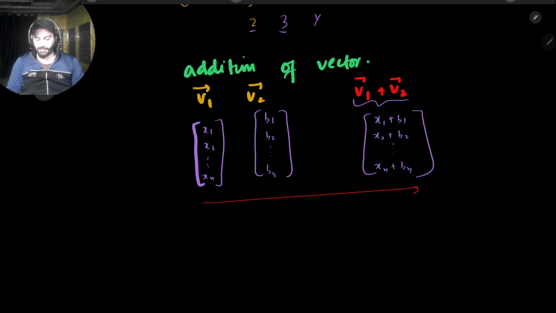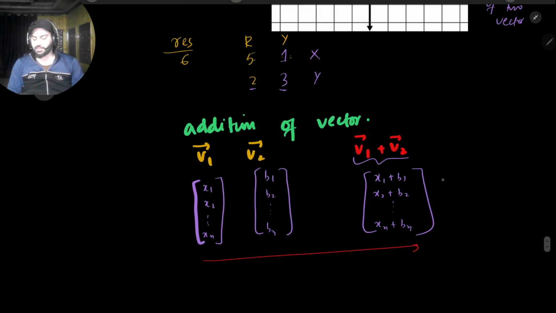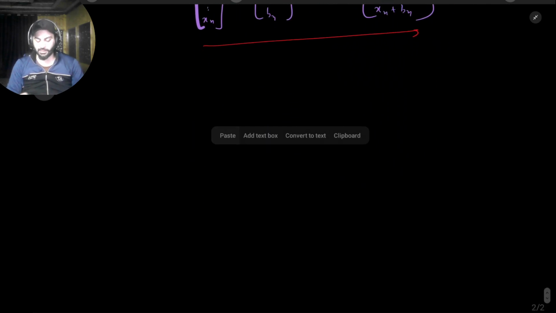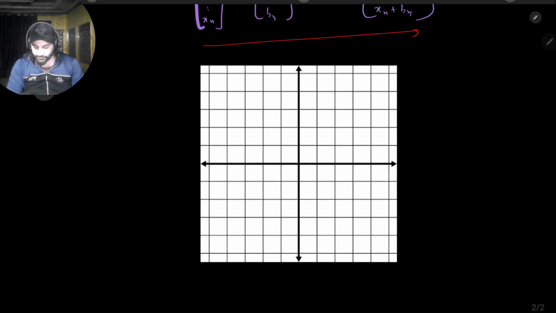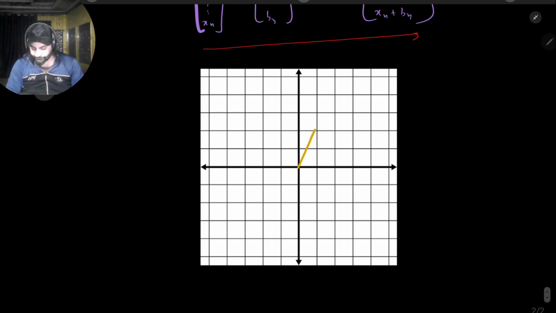Okay, let's now see. This is the mathematical way, by using the numbers. If we have to use geometrical ways to add these vectors, I'll again mark some vectors. Let's suppose this is a vector, and then we have a vector like this as well.